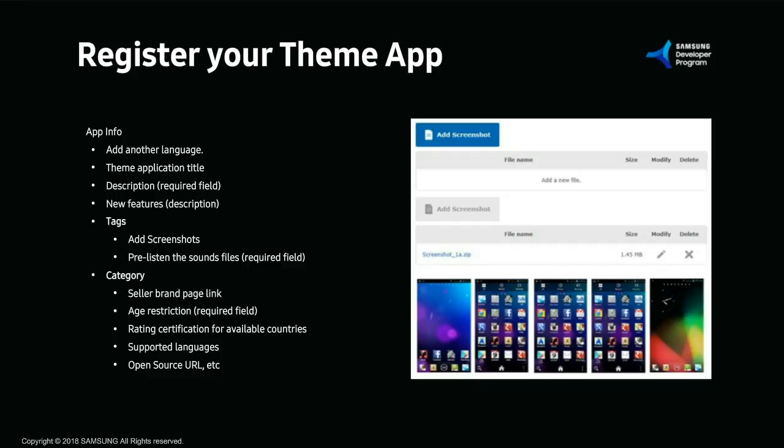If you notice in the previous slides, those exported images can be uploaded here, and they are displayed to the end user when they're looking at your theme design. You can also include more information about your theme design regarding language, title, and description.